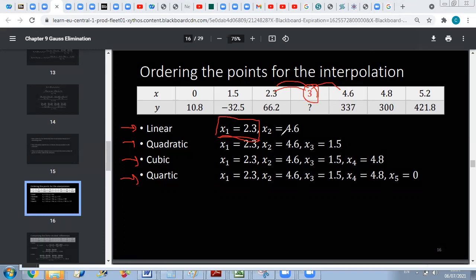Now when you come to choose the second point, since I took 1 point to the left, now I should take 1 point to the right. You always try to make a fair distribution. If I take 1 point from one side, I should try to take another point from the other side. This is possible when, for linear interpolation, I need 2 data points.